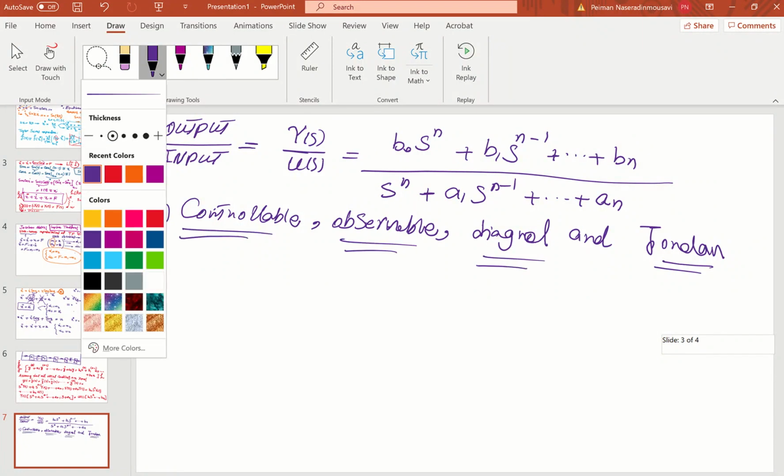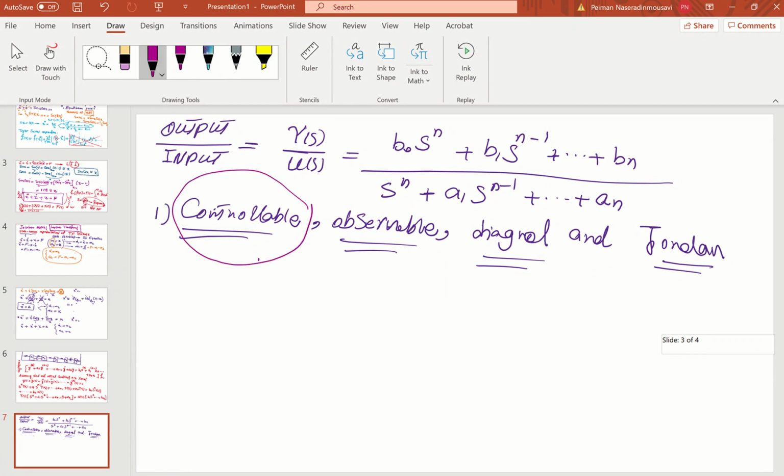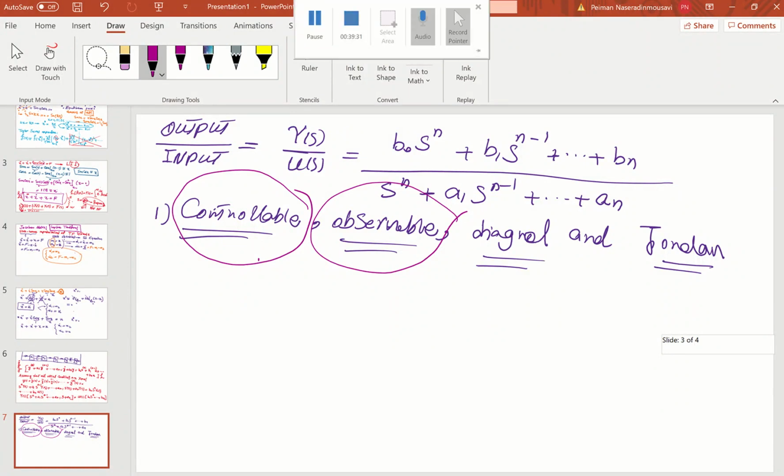Throughout this course, we are going to deal many times with the concepts of controllability and observability. Understand? So let me see what you have here.